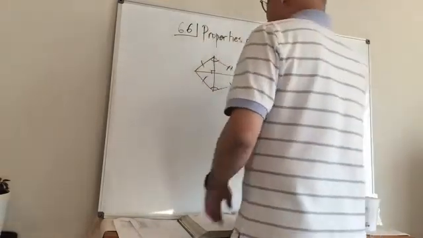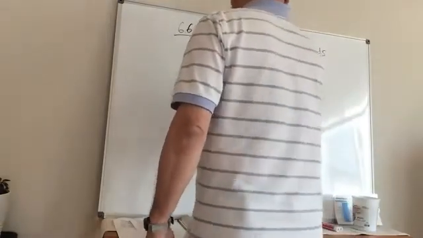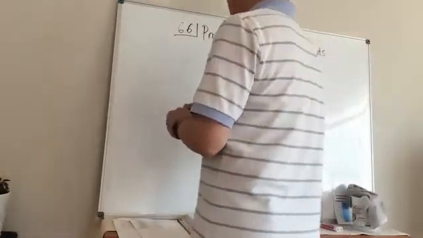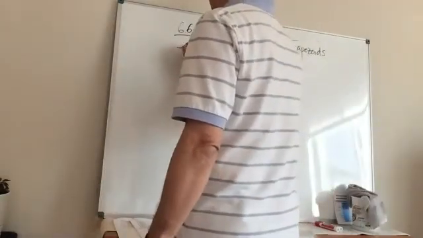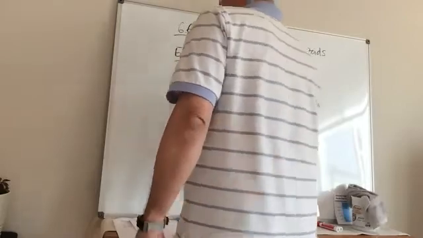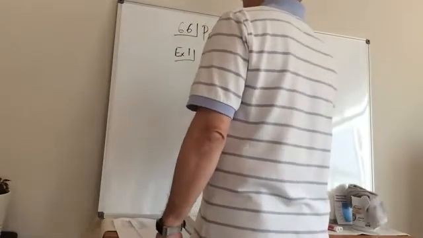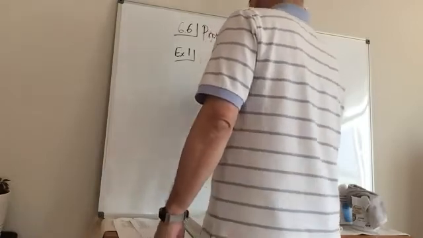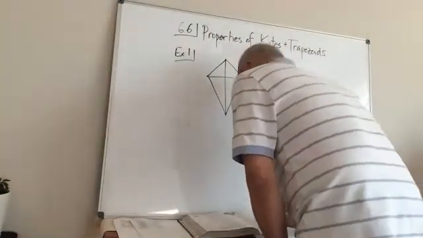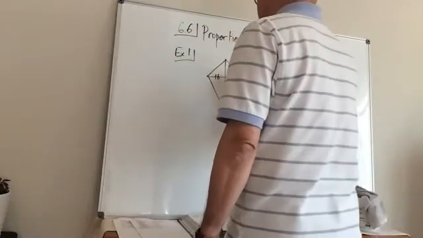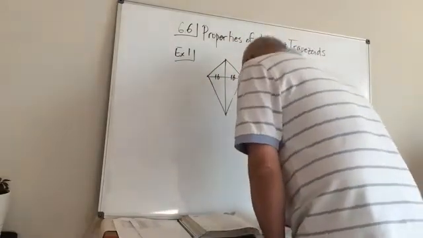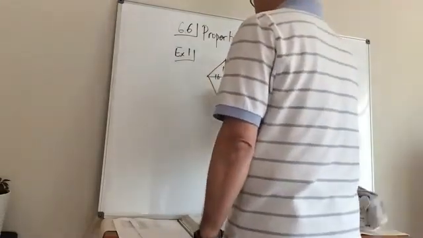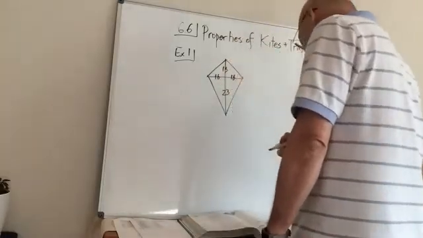Okay. So she has a kite that she's making. The kite looks like this. And we have 16, 16, 13, 23.